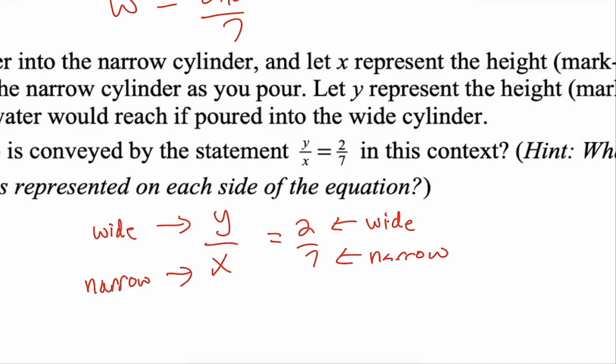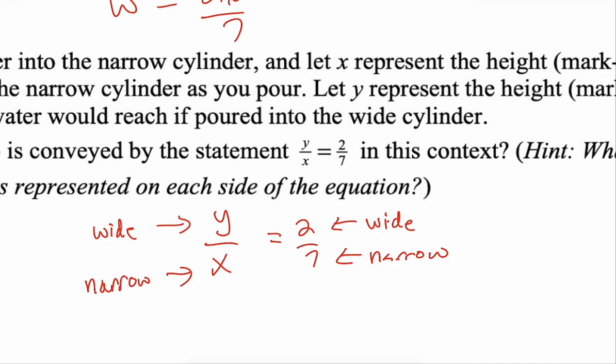Now, if you had decimal values, 2/7 is the decimal 0.2857, whatever that is, okay? That's why that fractional 2/7 is so much more powerful. So if I multiplied the width by 2 and got 4, I know that the narrow must also be multiplied by 2. So it would go up to 14.